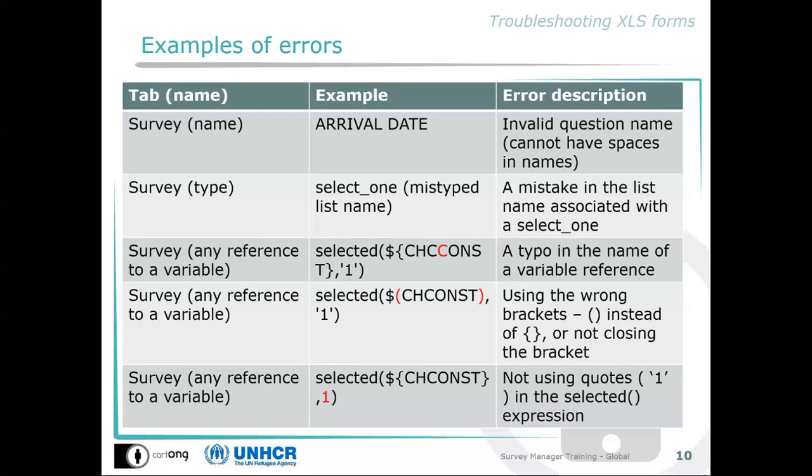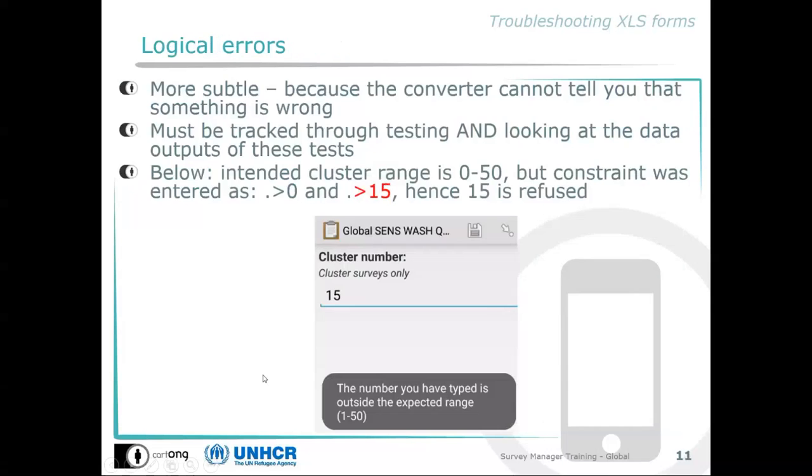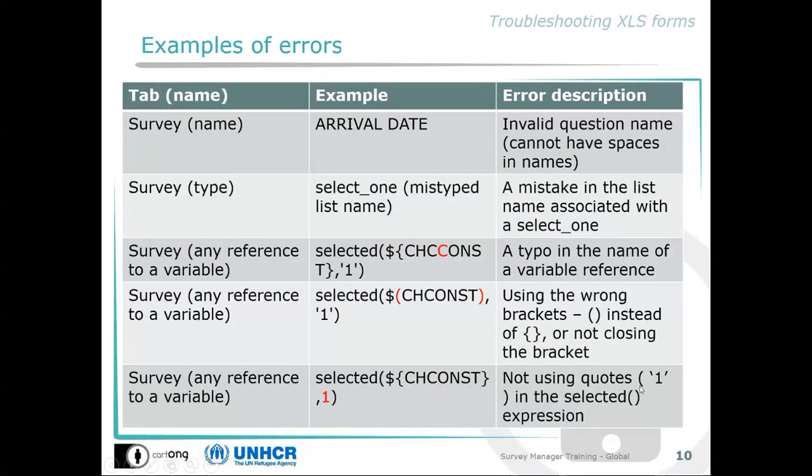Another very typical mistake is using the wrong brackets for relevance, for instance. The field name, basically your column name, always has to have curly brackets. If you use regular round brackets, the converter will tell you there's something wrong. Another thing is that you might have forgotten to use the quotes.